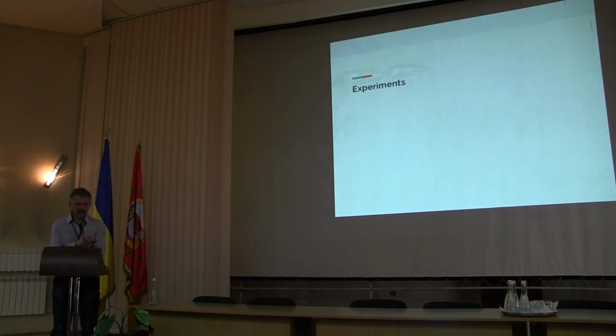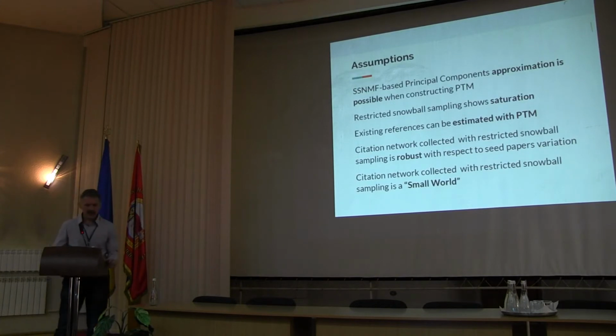Now about experiments. We need to check some assumptions we made at the start of designing our technology. First, whether we can use a probabilistic topic model and whether we can really determine the number of topics in a natural way.